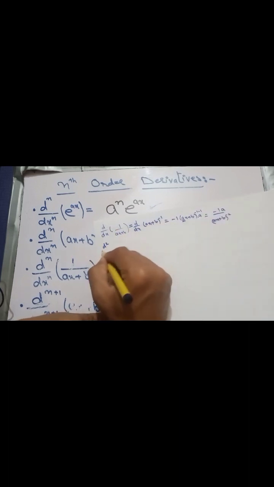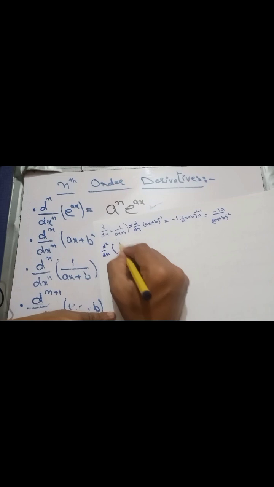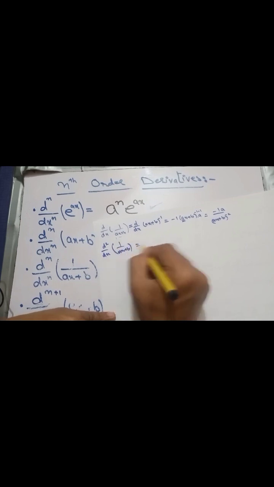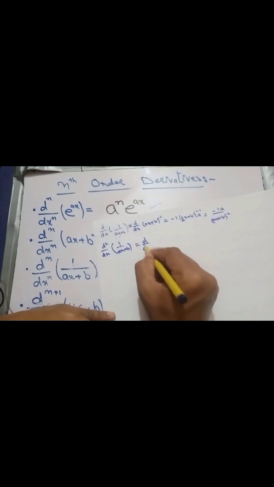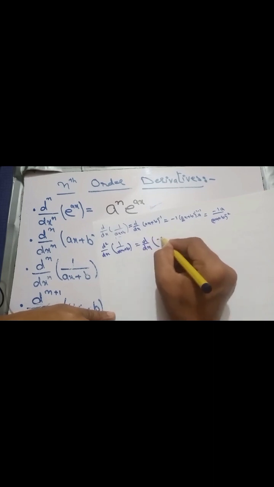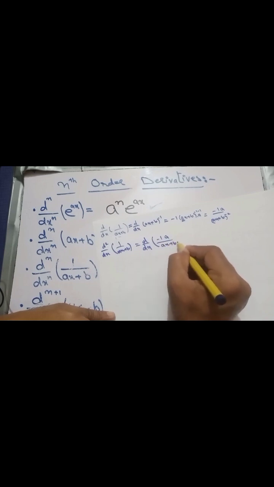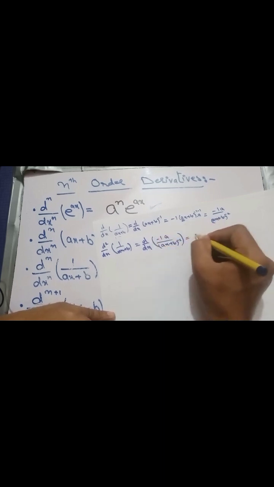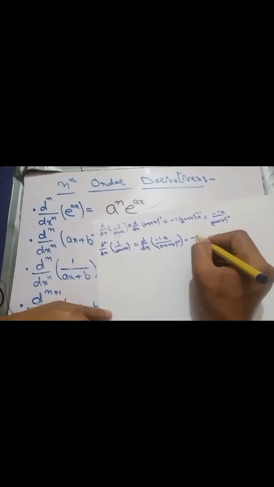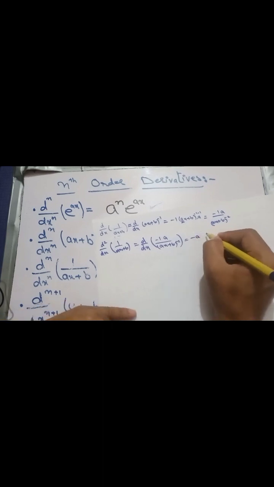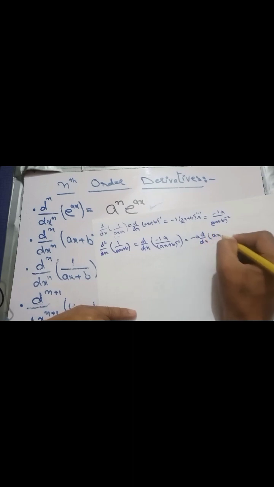For the second derivative, we need to differentiate the right hand side also, which is equal to minus 1 into a over (ax plus b) power 2. These are coefficients which we can take out of the derivative, and again we differentiate and get d over dx of (ax plus b) power minus 2.